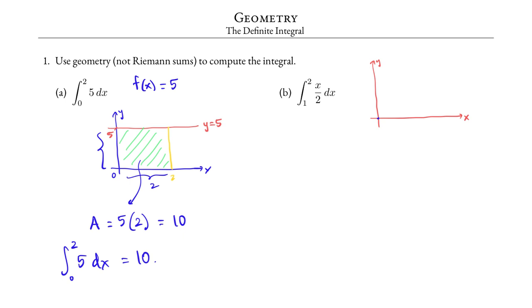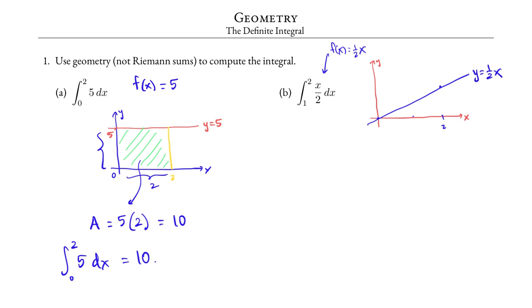And we use another point to draw the line, because this is, again, f of x equals 1/2 x, which is a linear function. When x equals 2, f of 2 is 2 over 2, or 1. And so we have the graph y equals 1/2 x.